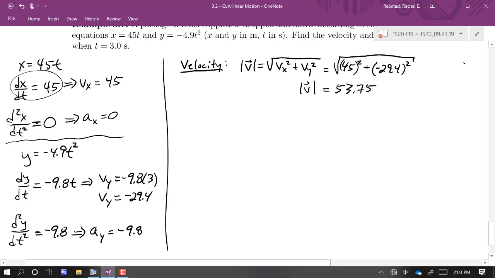That gives 53.75. What are the units on that? Meters per second, because it's velocity.